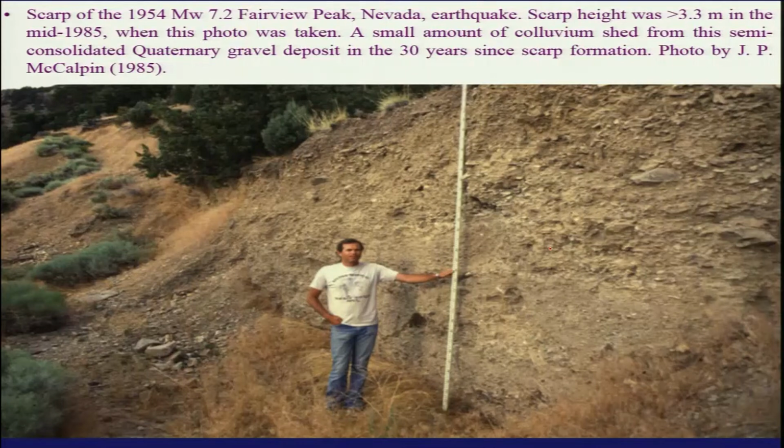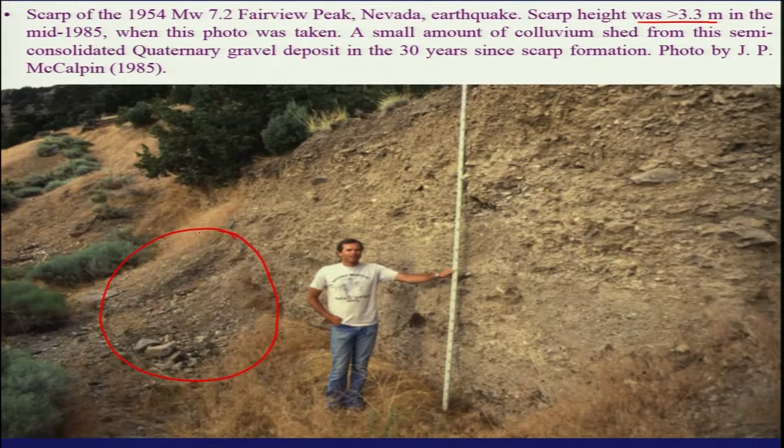This was the slide which I showed previously also, where you have a scarp which was formed in the 1954 earthquake in Nevada with a magnitude of 7.2, and the scarp height was around 3.3 meters. What we see is a small amount of colluvial shed, the material which was eroded and deposited in this region.